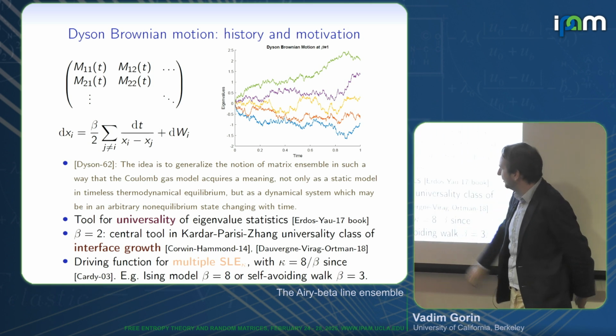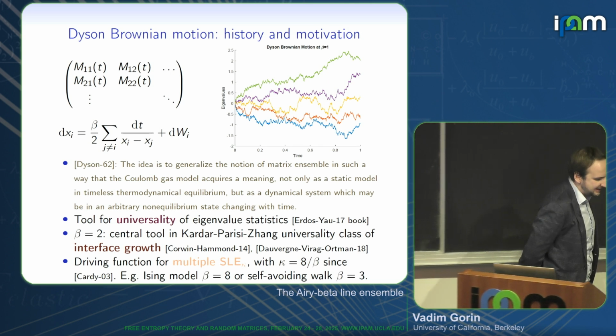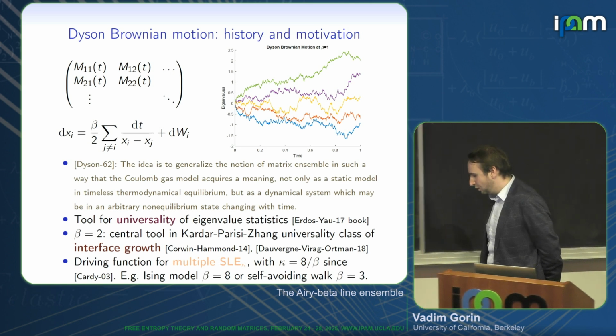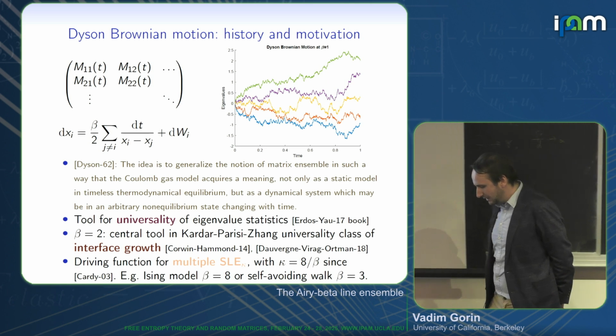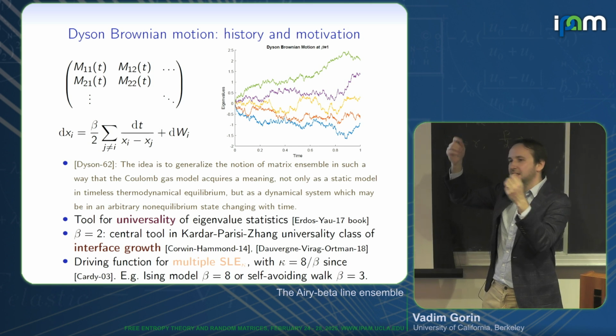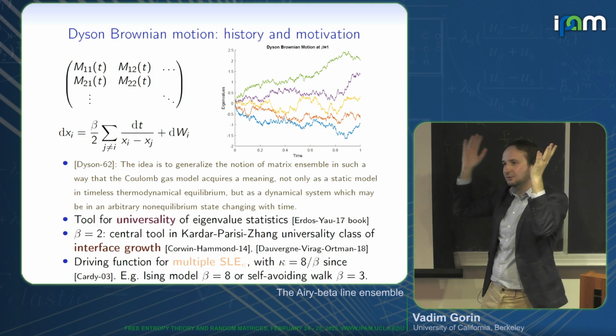And the last point I want to make is an interesting one. If you study models of statistical mechanics, such as the Ising model or self-avoiding walks or other models, very often in these models you have some interfaces. Maybe in the Ising model, interfaces which divide pluses from minuses, or something else.